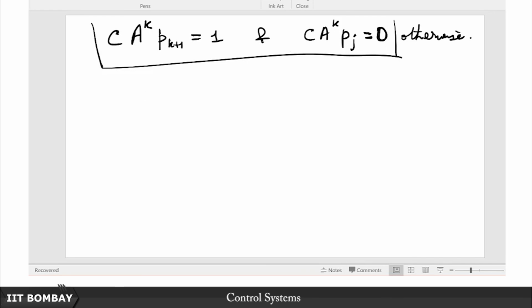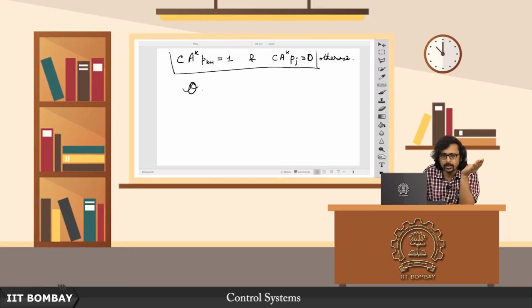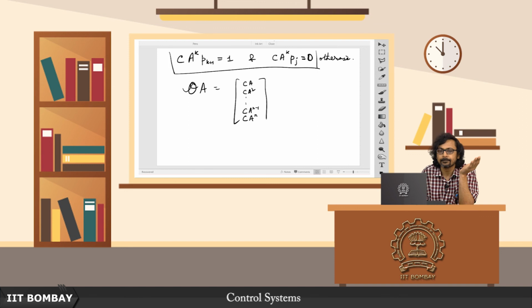eventually we can generalize this result. Now if I write the observability matrix times a, that is going to be what? That is going to be Ca squared till Ca to the power n minus 1, and then I have Ca to the power n, and then if I post multiply by the O inverse, I get this P1, P2 dot dot dot till Pn.